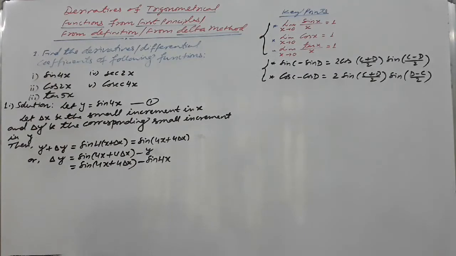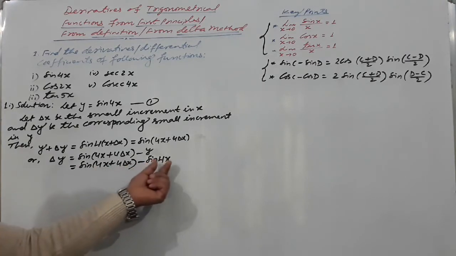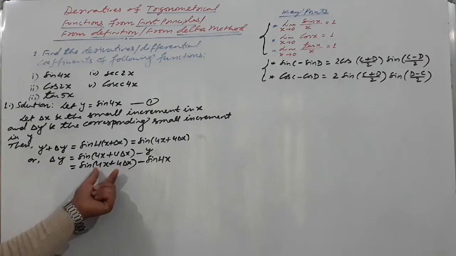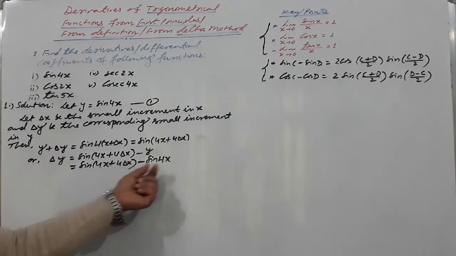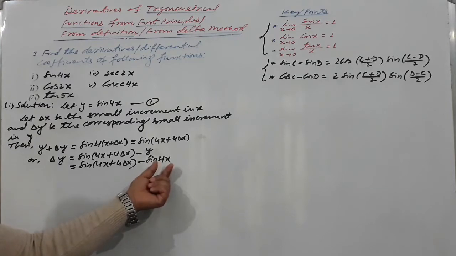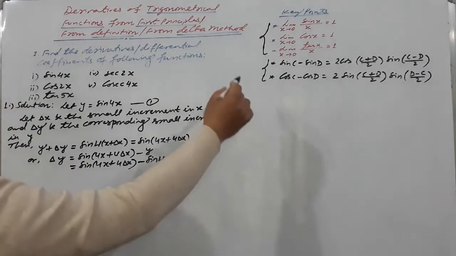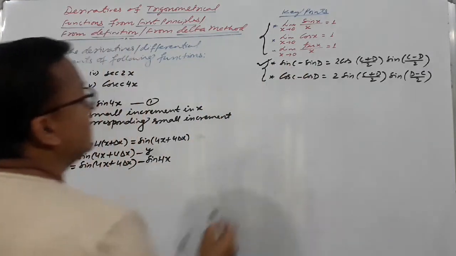Sine c minus sine d is equal to 2 cos of (c plus d) by 2 times sine of (c minus d) by 2. Here this is your c and this one is your d: 4x plus 4 delta x represents c, and simply 4x represents your d. Let's apply this formula.